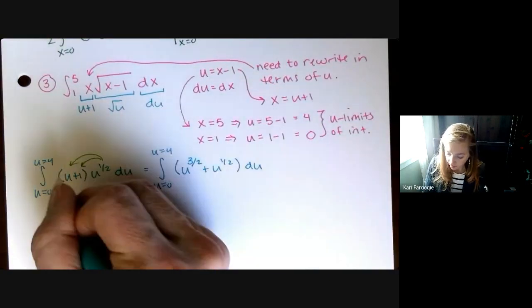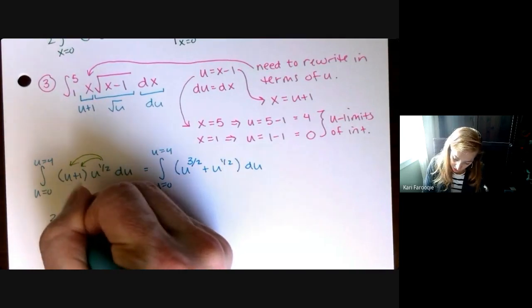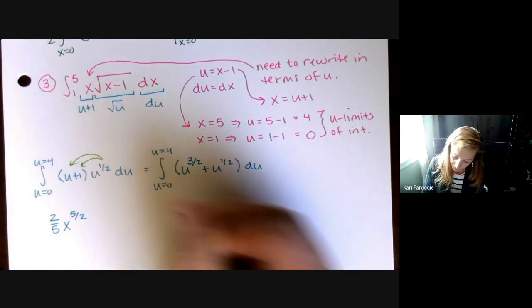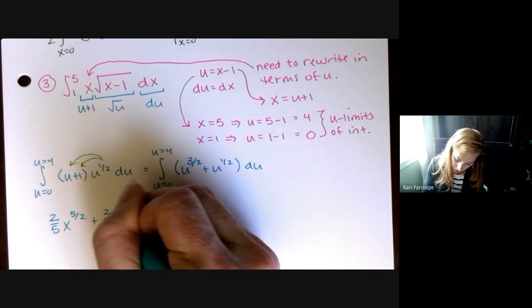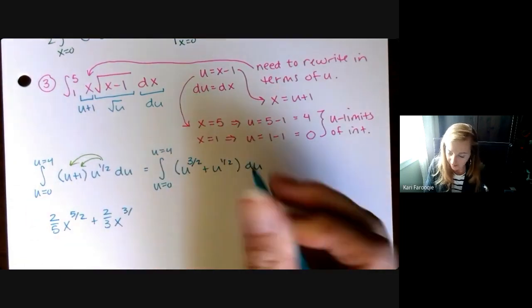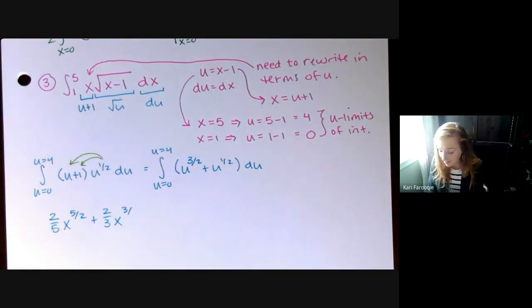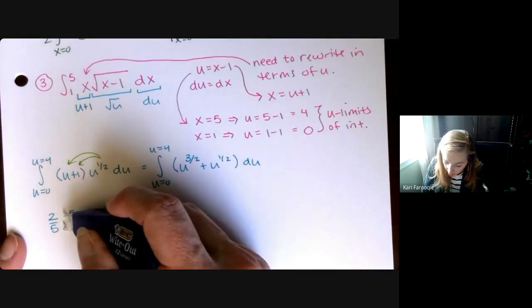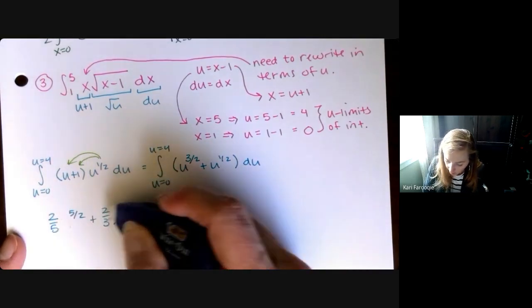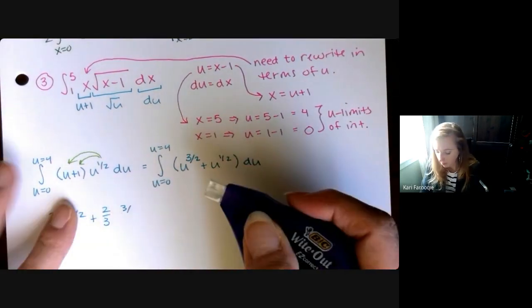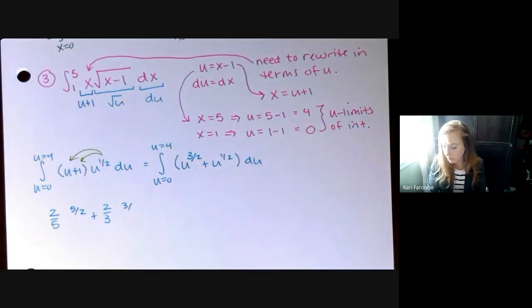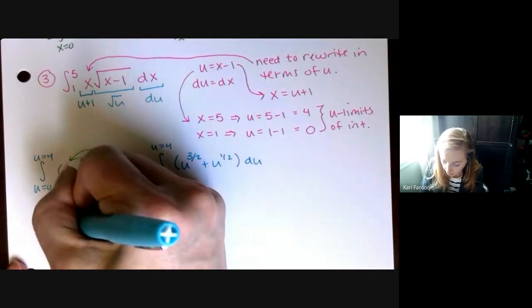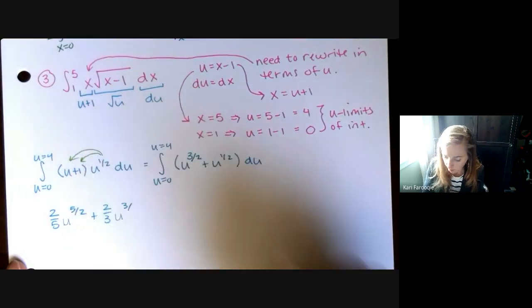So to integrate this, I'm going to get 2/5 x to the 5/2 plus 2/3 x to the... I'm writing x's and not u's. You guys, I'm like an integrating robot here. I'm integrating with respect to u. I must keep my variable u.